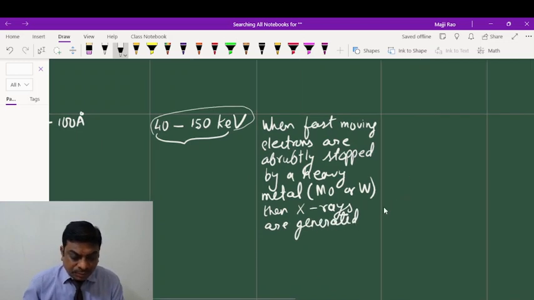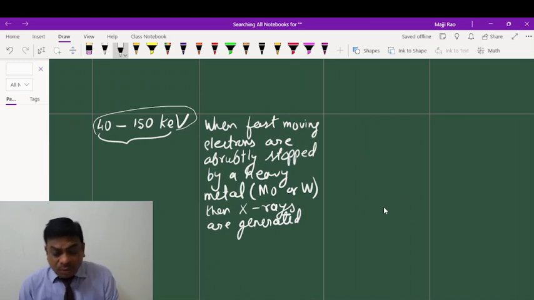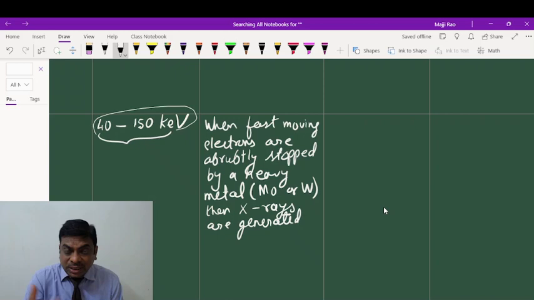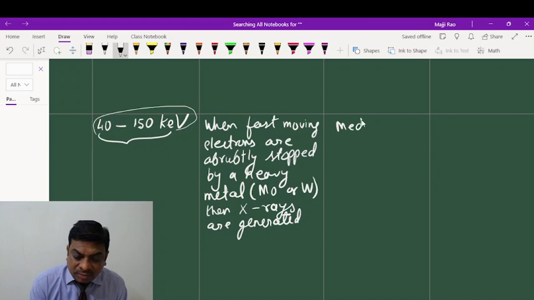Then coming to the usage, it has medicinal use, as we know, because it is exclusively used for diagnostic purpose, to diagnose the inner parts of the body like bones, if there is a bone fracture.